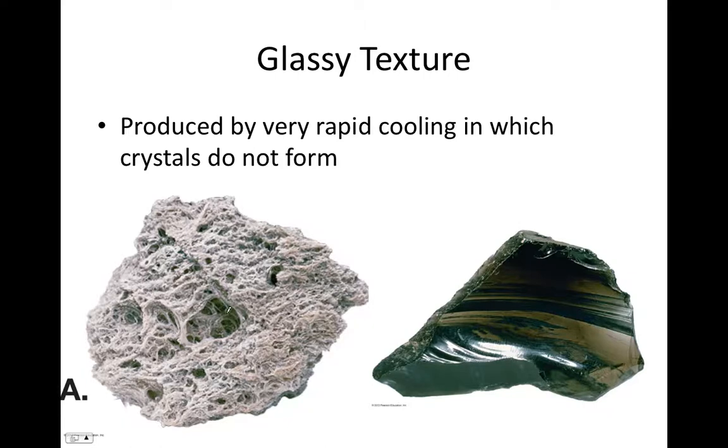They don't contain crystals. The material just freezes right in place, giving it the glassy texture. Sometimes pumice is mistakenly said to have a vesicular texture because it does have these little gas bubbles. What makes it glassy is the lack of any mineral crystals.